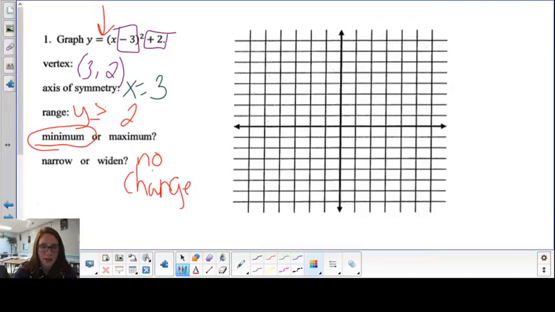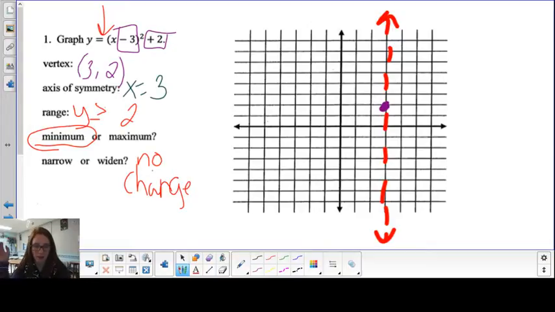So let's graph what we've talked about. I have my axis of symmetry as x equals 3, which is this line. And it's a line, so we need arrows. My vertex is at 3 up 2, so it's right there.